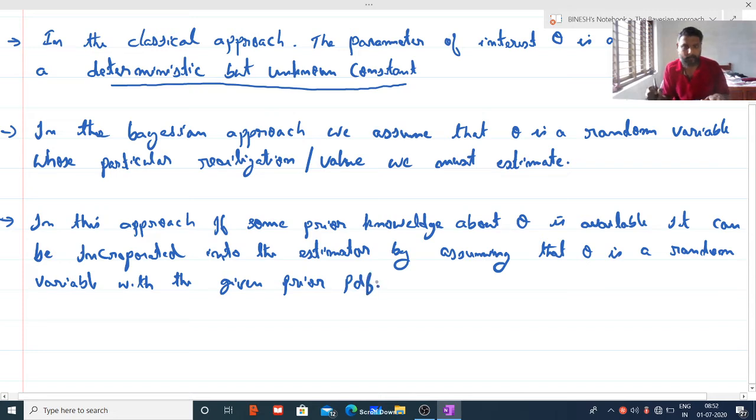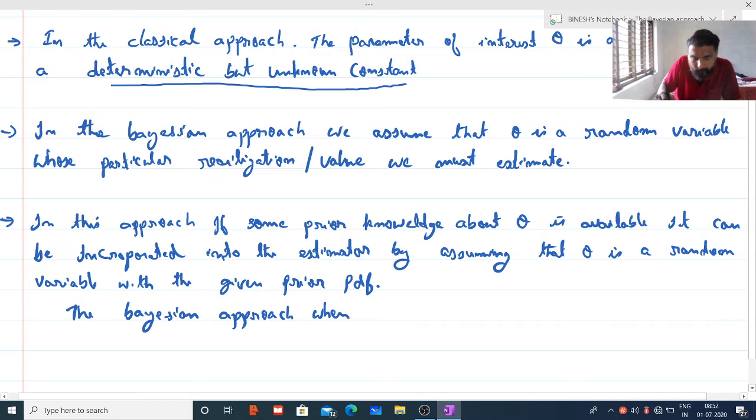So the Bayesian approach, when applicable, can improve the accuracy of the estimator.